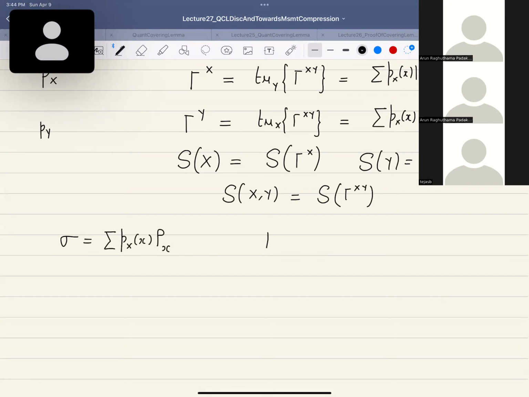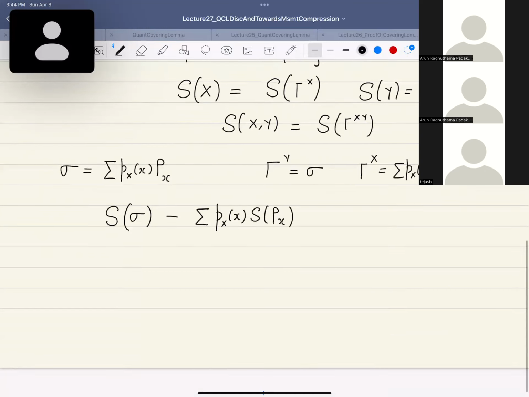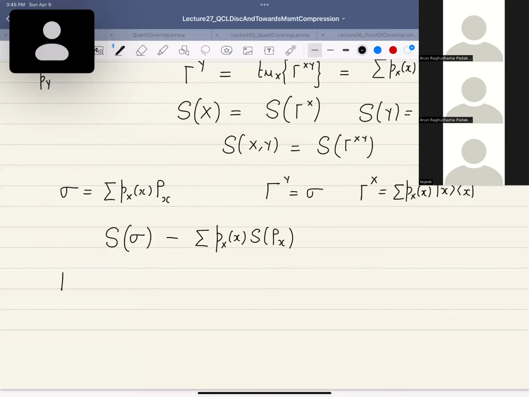I can write gamma y as sigma, and gamma x as the sum of px of x, xx. What we got was S of sigma minus the sum of px of x S of rho x. If I have a two-component quantum system theta AB, I defined S of A given B as S of A comma B minus S of B.